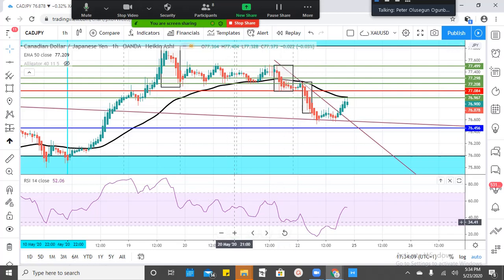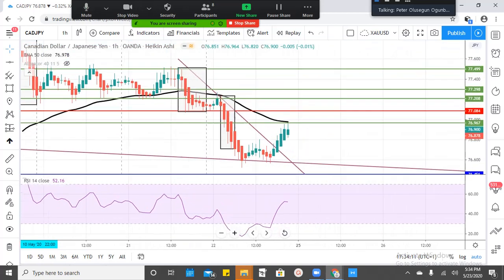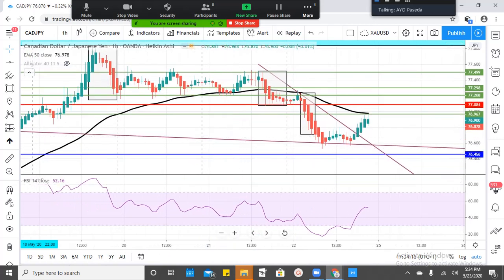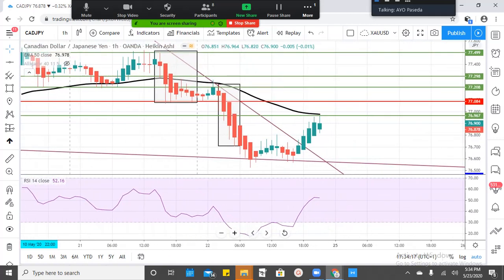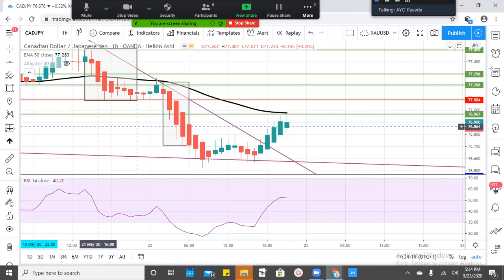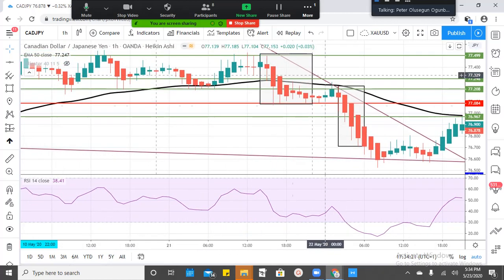Let me zoom out. Now the second box, we have a 1 hour candle closing below it. So this is the confirmation that you need.